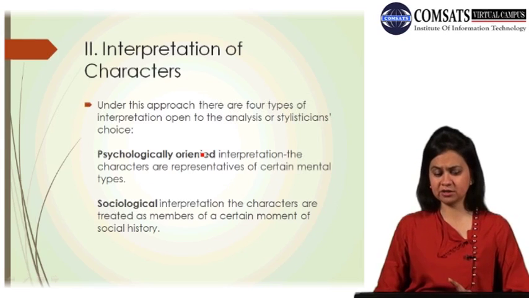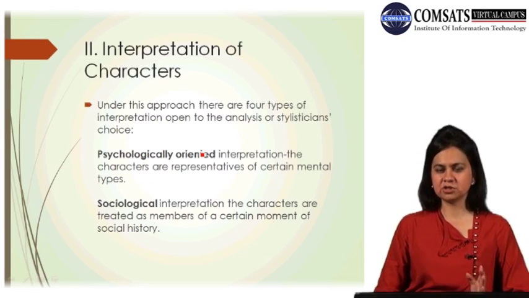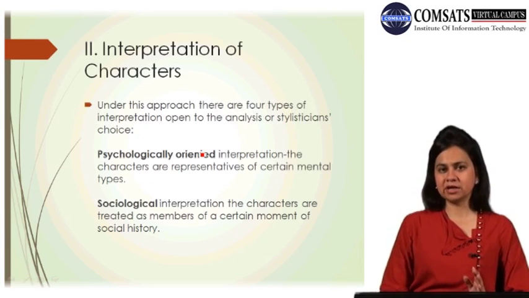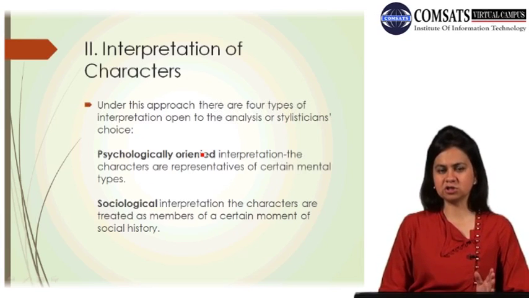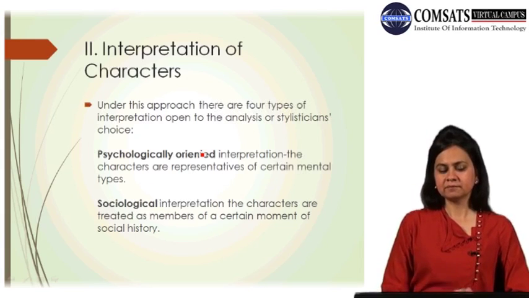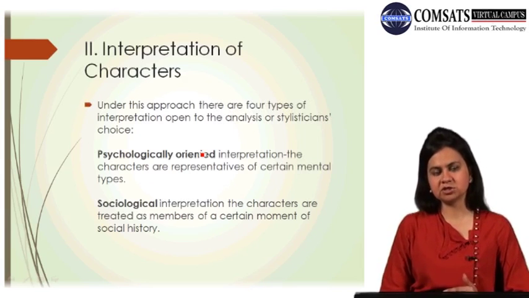Now, interpretation of characters would be of many dimensions. There are a number of dimensions in the approach which is called interpretation of characters. So, we will look at the dimensions or the aspects of this approach one by one. Firstly, there is the psychological approach. Here we are psychologically oriented towards the interpretation of the character.